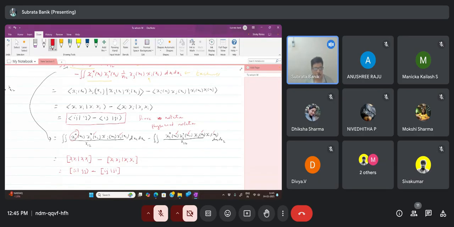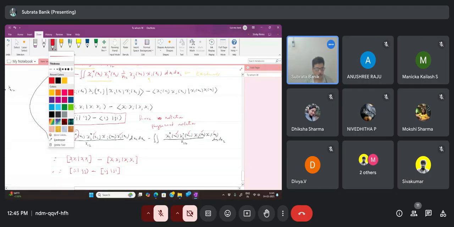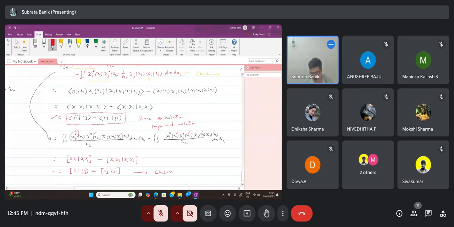Okay? You see, this and this are exactly the same. They are the same equation but a different way of writing. This is known as chemist notation or molecular notation.